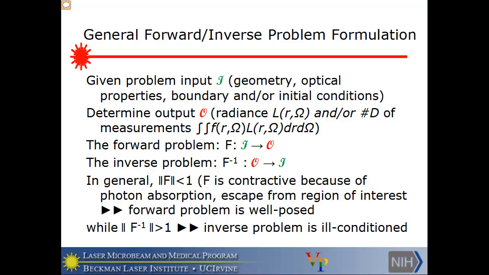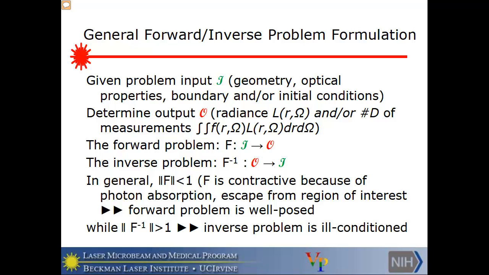You don't have other results competing. So you have an attenuation of the light field, which means that it's a contractive map, the map that takes you from I to O. This one reduces the light field. Okay, there you're taking something away. That means the norm is less than 1, and that provably tells you that you have a unique solution and that it's expandable in a certain infinite series, which I'll talk about in a moment.